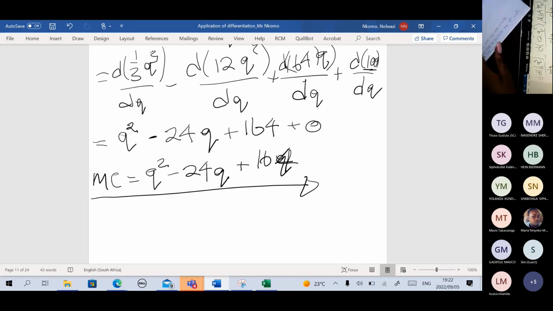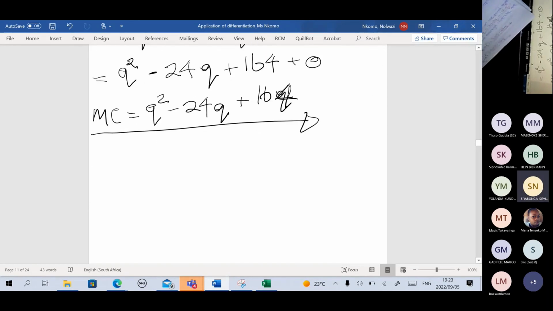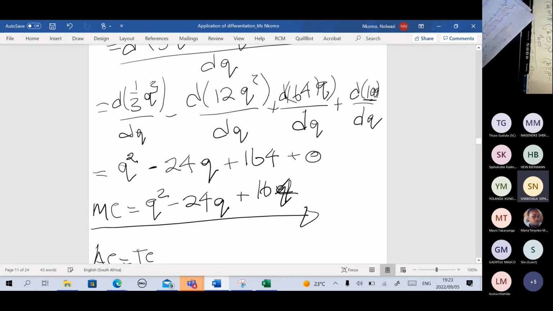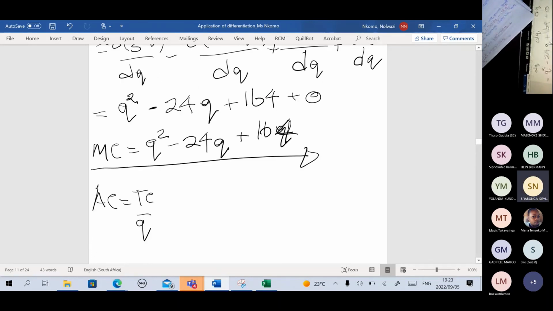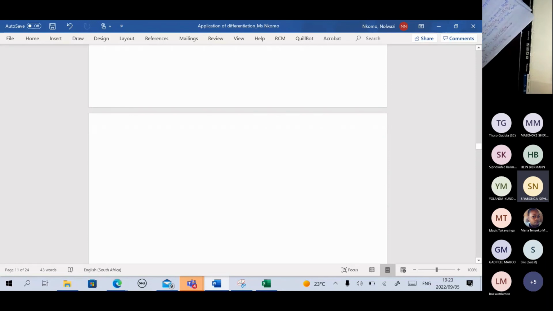And after the marginal cost, we will also find what? The average cost. Okay, the average cost. But before we move to the average cost, can I just take you back? If you may just explain for me how we converted Q cubed divided by 3 to 1/3 Q cubed.